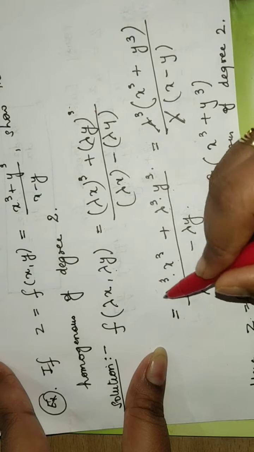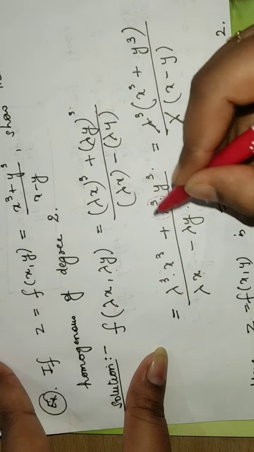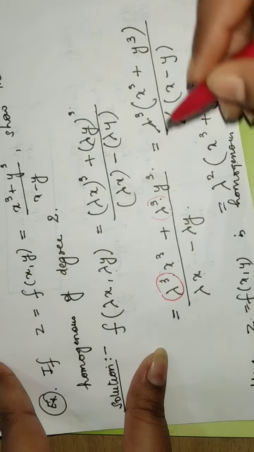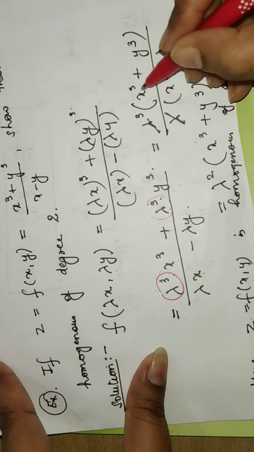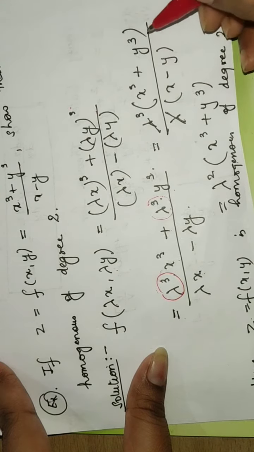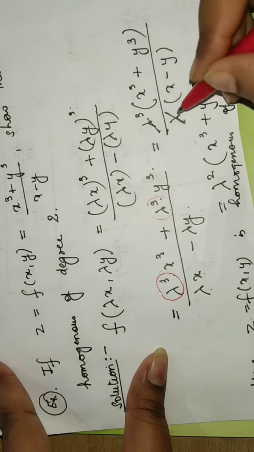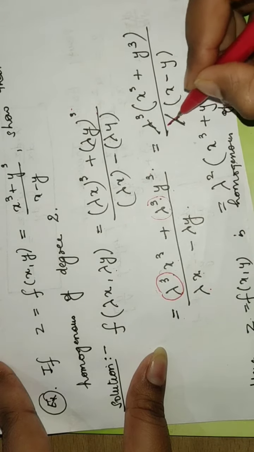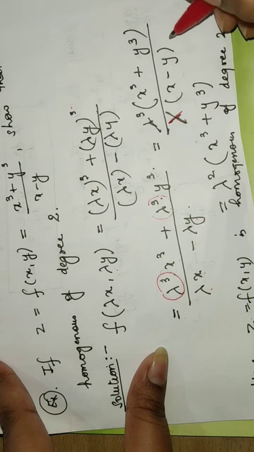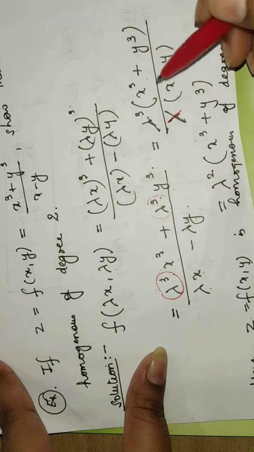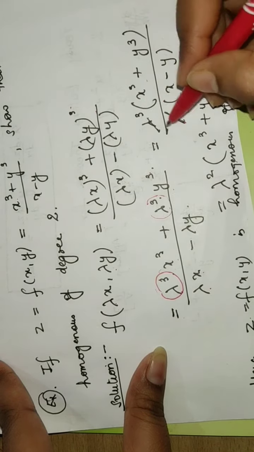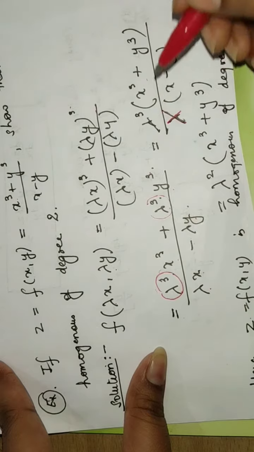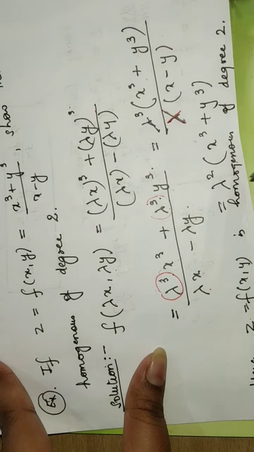We take out the common factor from here: lambda cube into x cube plus y cube. Again we take out the common factor from here: this will be lambda into x minus y. We got the original function, and then we cancel, we get lambda square.